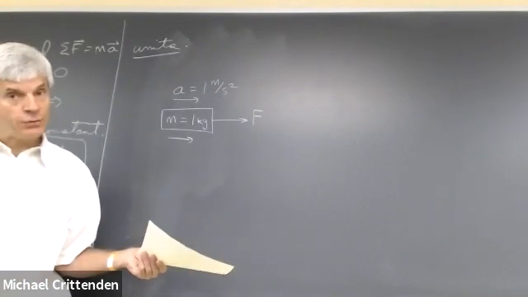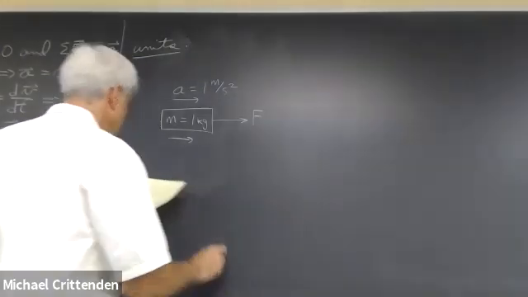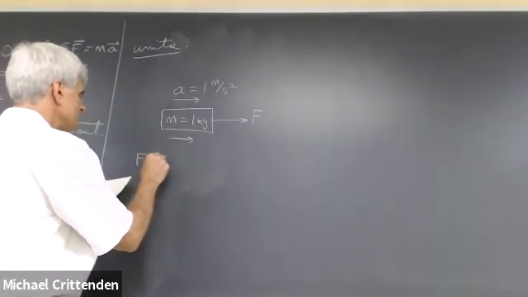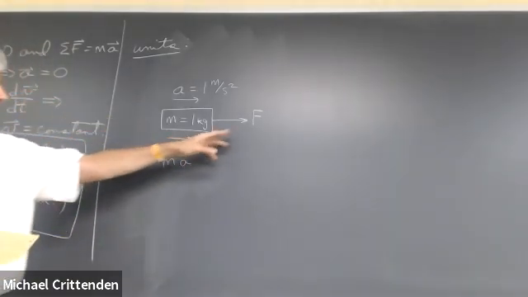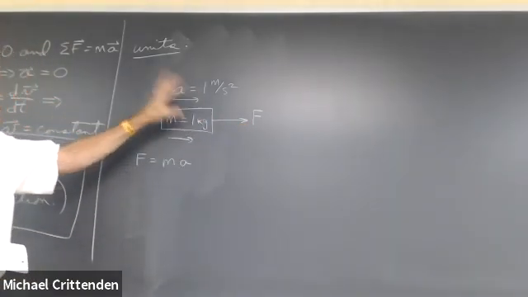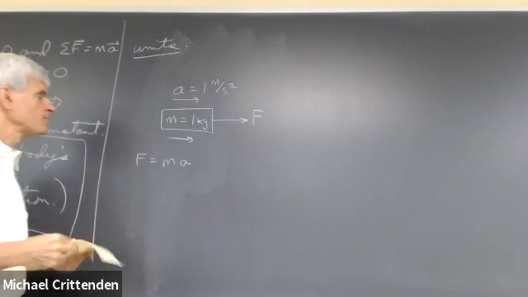How much force would that be? Well, according to Newton's law, and in this case, the summation of the forces is just this one force F, because there are no other forces.